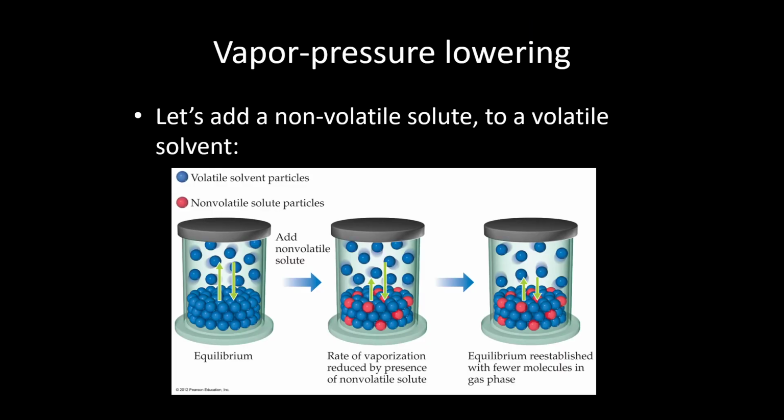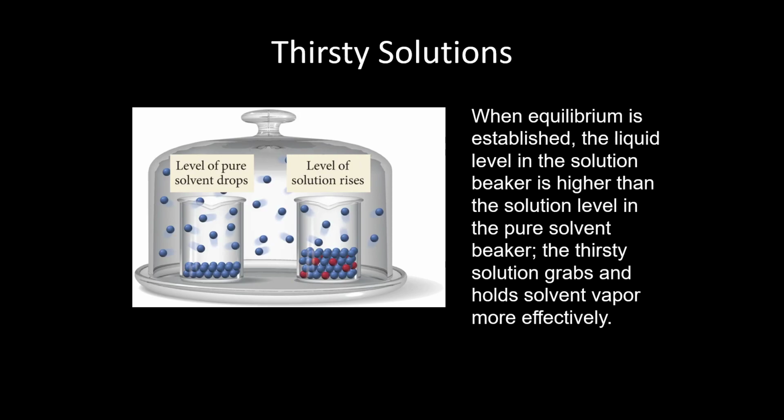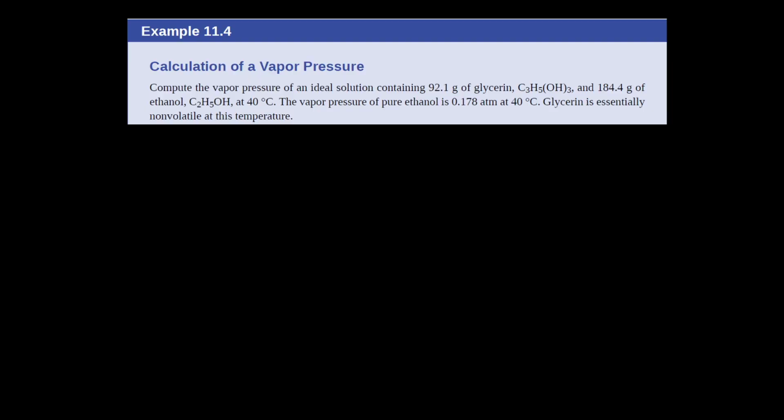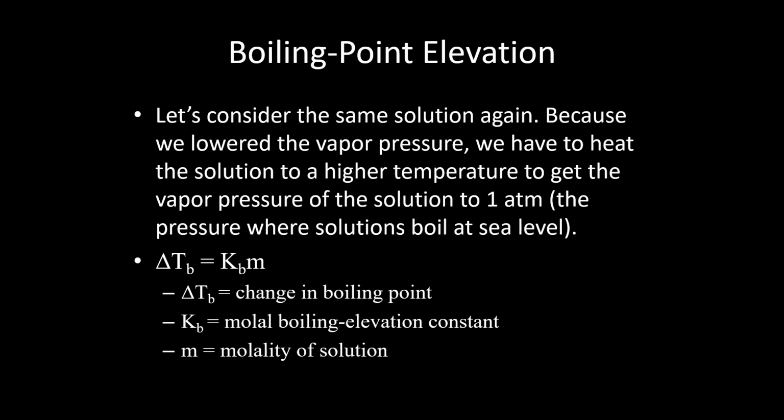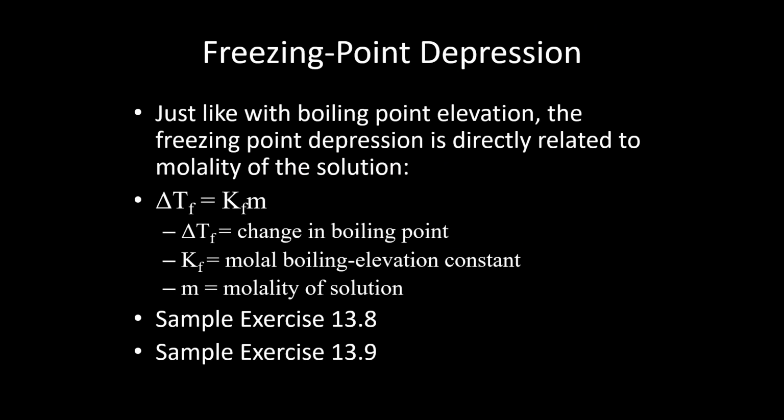Okay, as far as colligative properties, that was the vapor pressure lowering, the boiling point elevation, freezing point depression. If you need one of those equations to solve something, I will give you the equation. And I do expect you to be able to solve any of those 3.